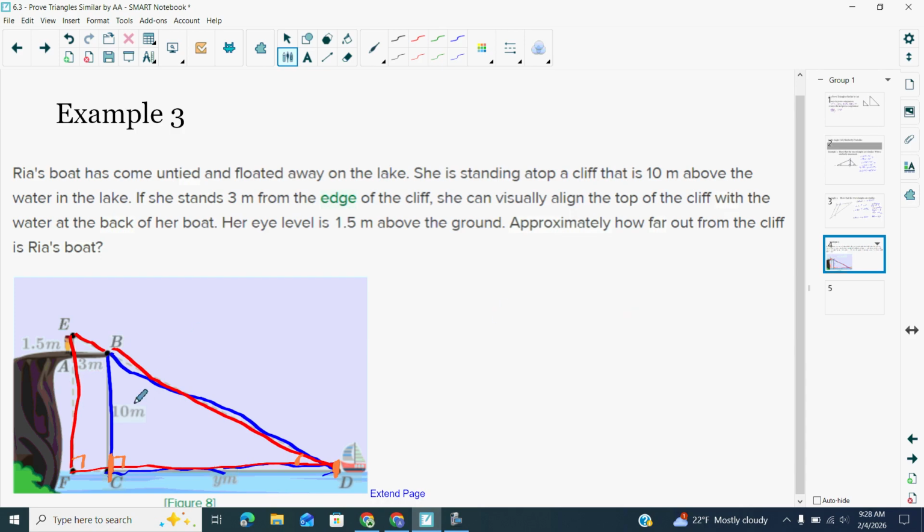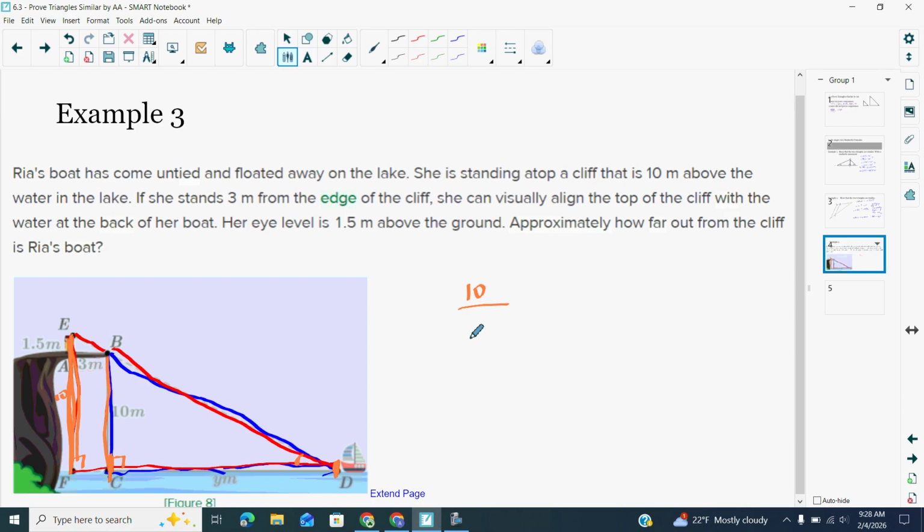When we do that, we want to take two corresponding sides that we know. We know this side here is 10, and we want to write a proportion. So I'm putting the smaller triangle on the top. That side's 10 over this side here, the corresponding side with that. Well, if this is 10, these are parallel. So this is 10 right here, plus that 1.5.